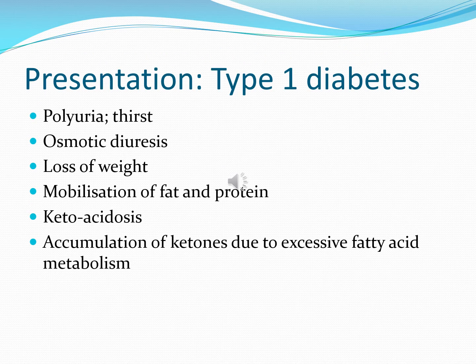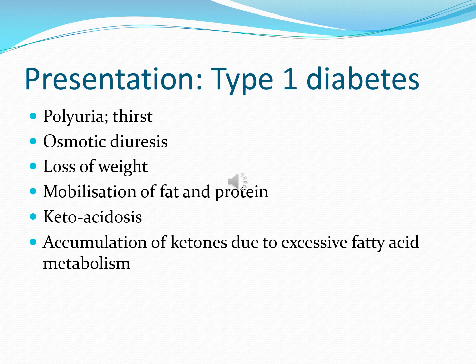So the presentation of patients with type 1 is multifactorial, and it's generally due to the fact that you've got high blood glucose, but also because you've got low or undetectable insulin, you can't actually use that glucose. So you can't get glucose into the tissues, and therefore you need to switch to fatty acid metabolism.